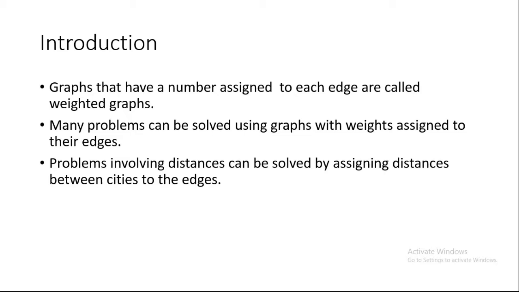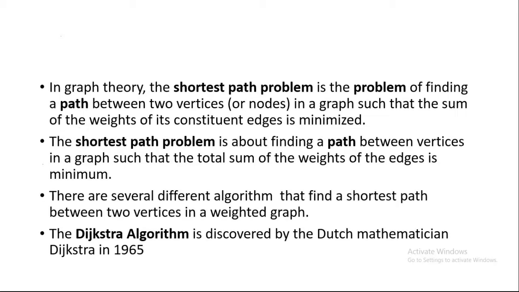Understood? In this weighted graph, the weight is nothing but the distance assigned to the edges, meaning the road between two cities. So weighted graphs are used to solve such problems. So what is the shortest path problem?